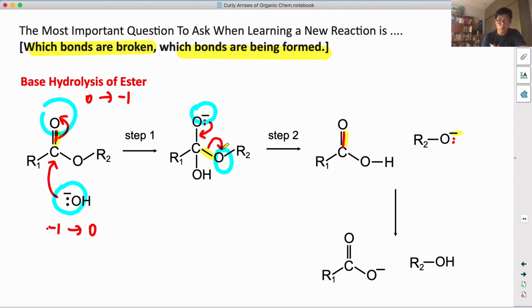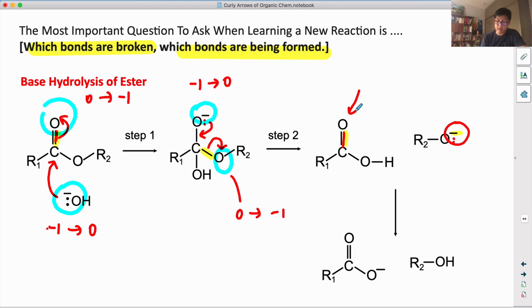So O minus, you can imagine O minus from -1, once it has given away the electron, becomes 0. And this O here, the final hit, from 0 becomes -1. So you can see that it's minus here, and this O doesn't have any more minus charge. So that's how it goes.